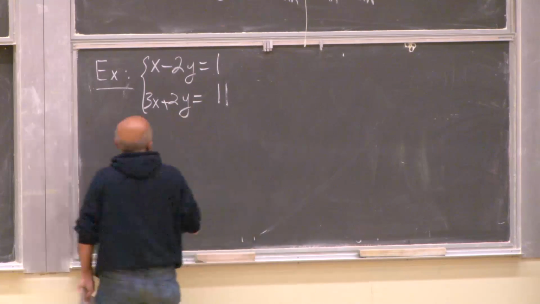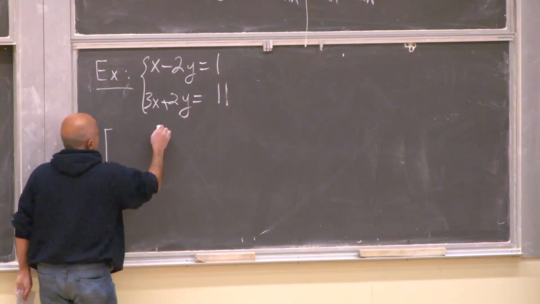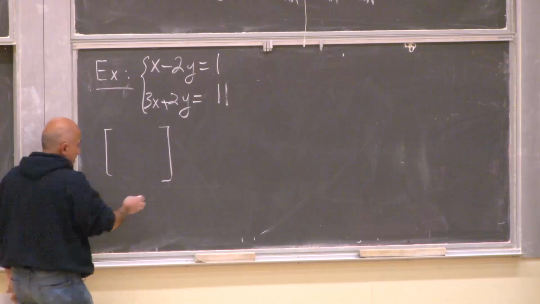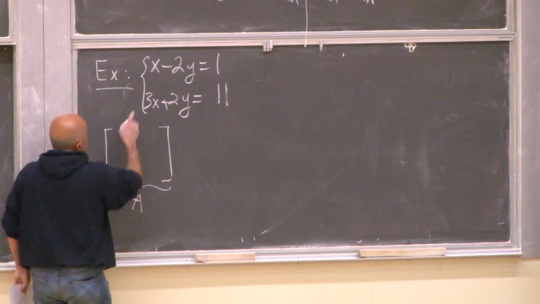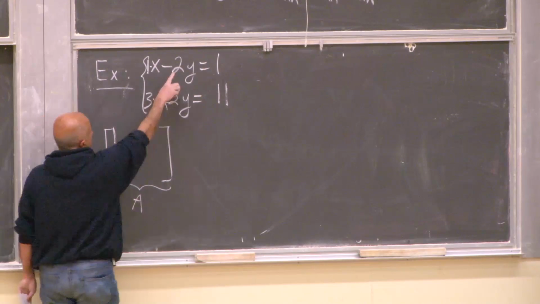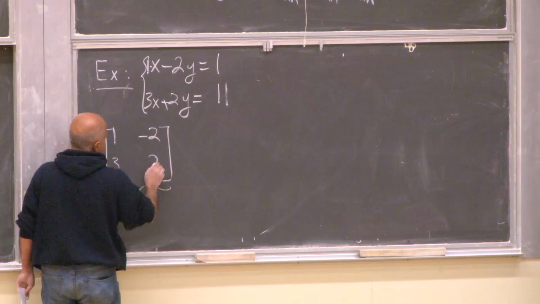We can write this in matrix vector form in the following way. I take all my coefficients and compile a matrix that I call the matrix A with them. This one has a coefficient of 1, so that top left entry is 1. This is minus 2, this is 3, and the bottom right is 2.